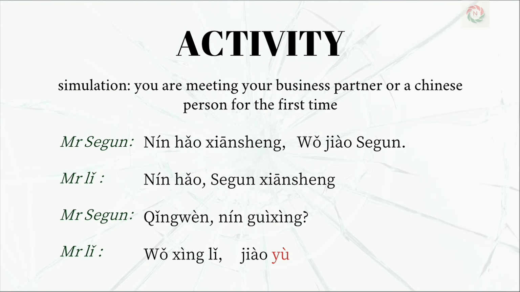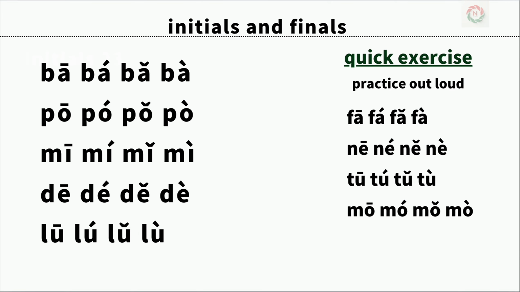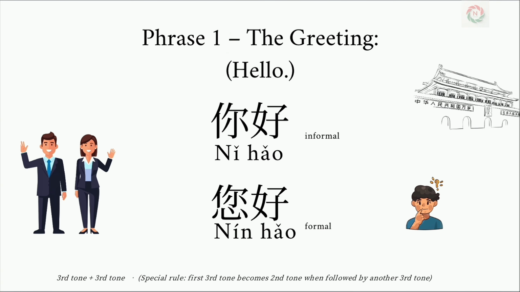So let's have a quick review of everything we've learned. We learned the four tones: ba, ba, ba, ba, po, po, po, po. And here we learned the ni hao. So how do you say ni hao, hello, in the formal way?